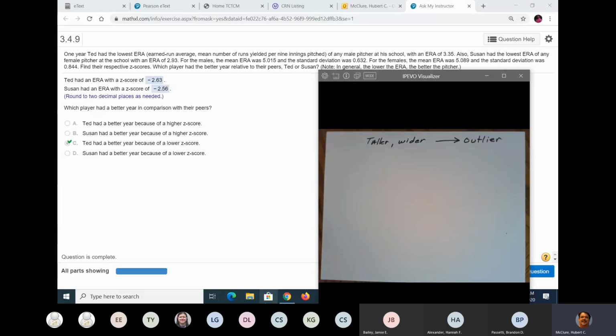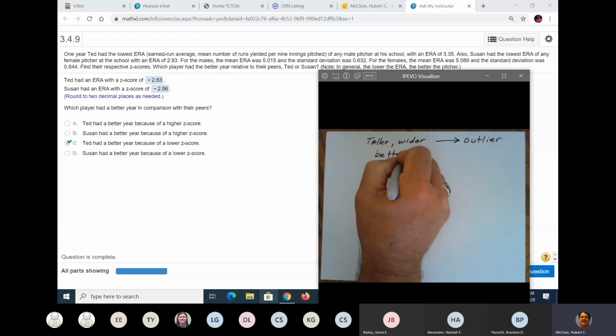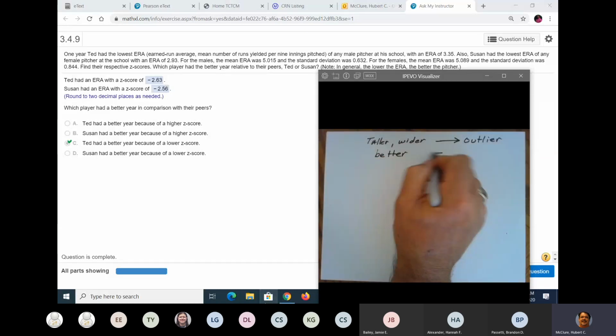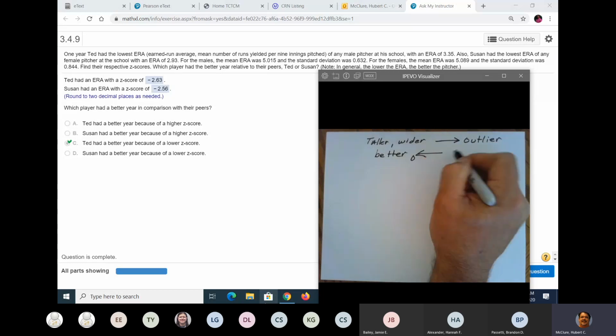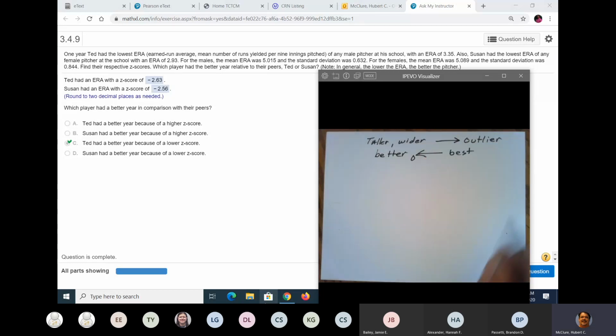So the relatively taller would be LBJ because he was further out. When you're talking about better, like a better test score or better grade, the closer you are to 0 is best. So that's probably why you're a little bit confused on this one.